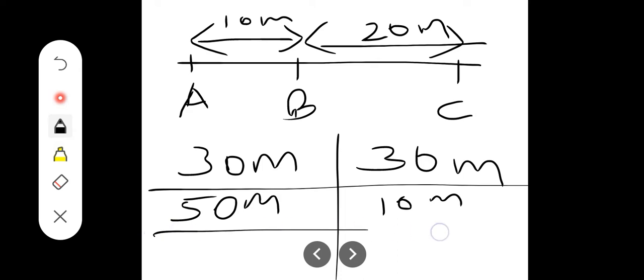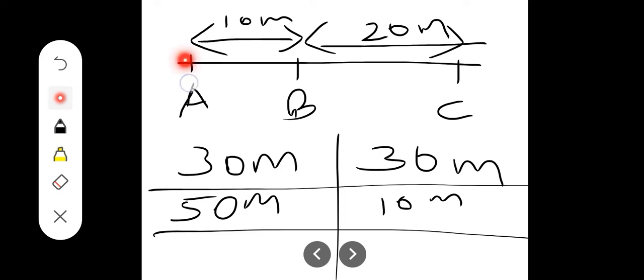See the difference. Then suppose the object starts from A, then goes to B, then to C, and then returns back to A again.